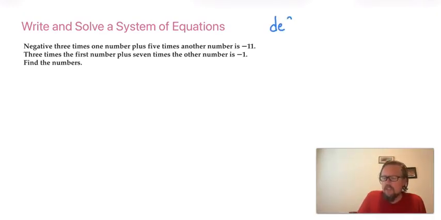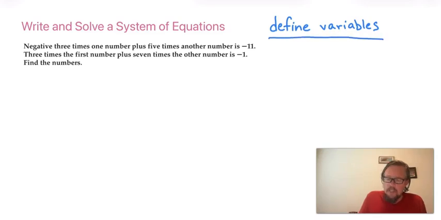So the first thing we'll do is define our variables. And this is going to be really simple. We're just going to have the first number and the second number. I don't want to use f and s for my variables just because my s's sometimes look like fives.